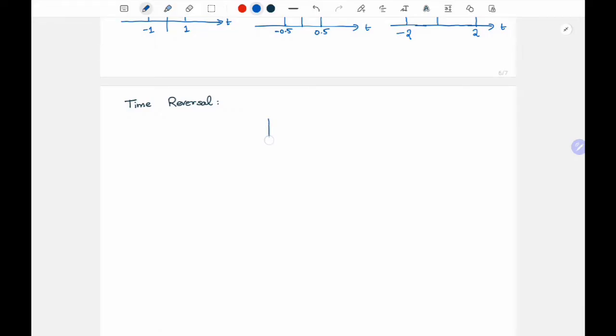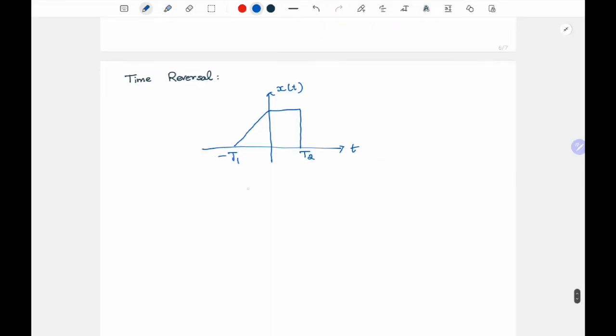In simple terms, if we have x of t with something between minus t1 and t2, then phi of t is nothing but x of minus t. It is the reflection of x of t along the vertical axis. Whatever is on the right will go to the left, and whatever is on the left will go to the right.